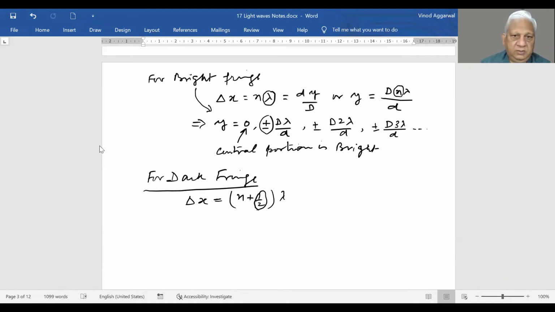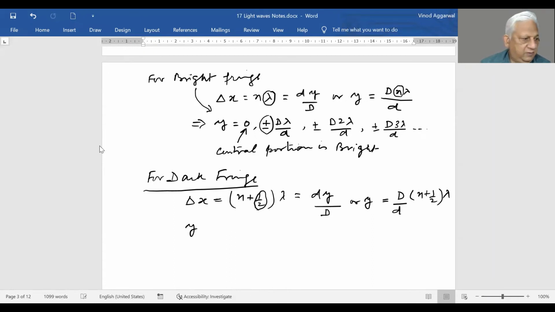So this makes it a difference of half lambda over and above integral multiple of lambdas. This is also equal to, or y is equal to, lambda.